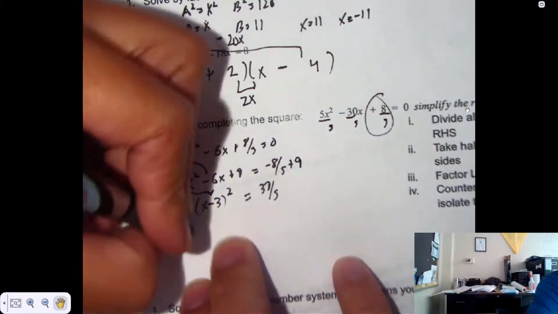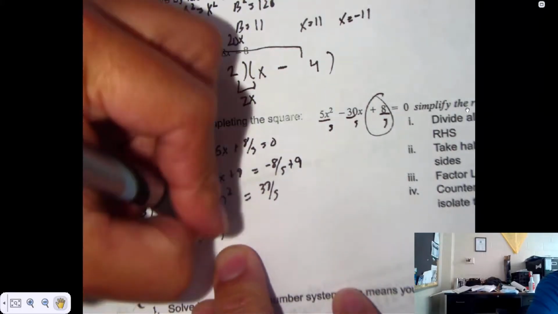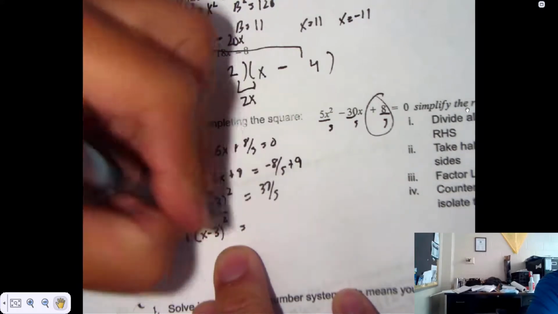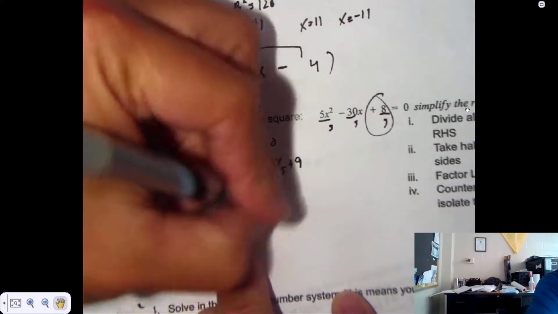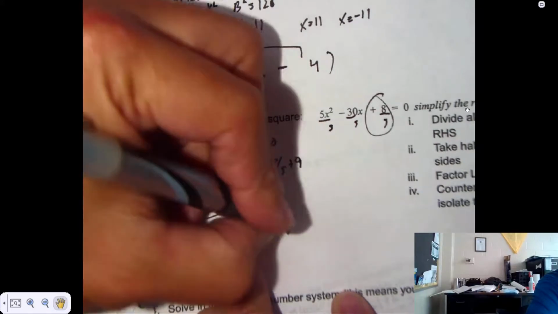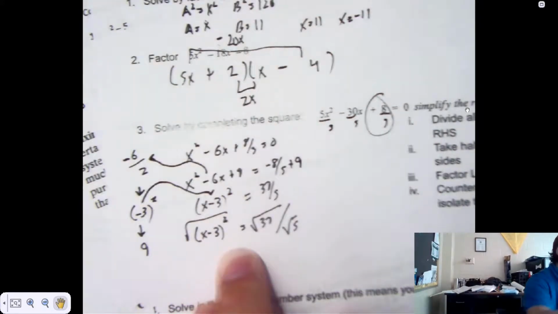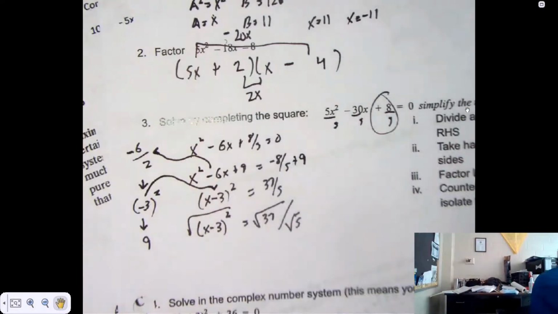You're going to counteract your squaring by doing what? I'm going to rewrite that as root 37 over root 5. I don't remember if your quiz does this or not. This one's kind of ugly. It's a practice problem. When you counteract squaring on the left with a root, what happens?